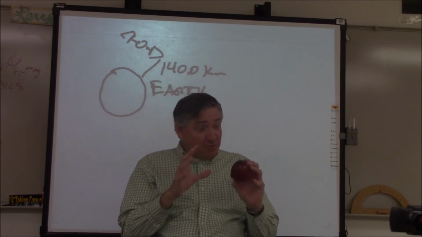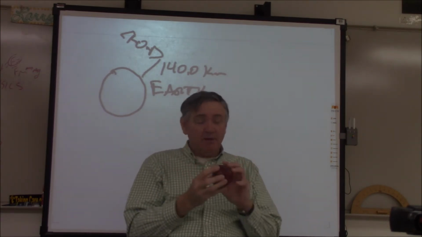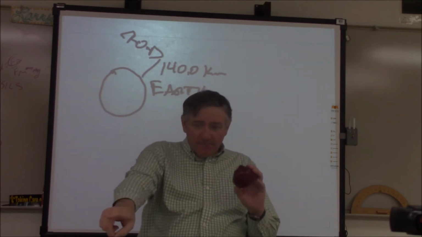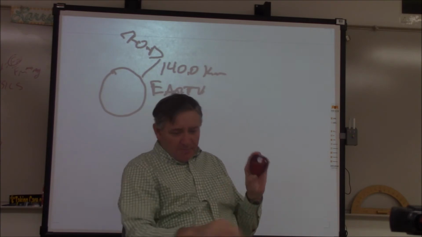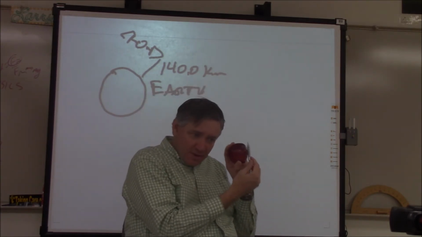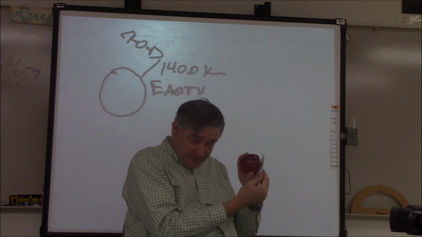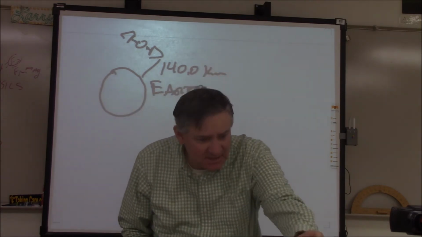So it's kind of cool, but we don't have much. The point is that it's a pretty thin layer. So on a relative scale, that 140 kilometers would probably be about the thickness of my pencil above the apple, okay? So there isn't anything magic about space.